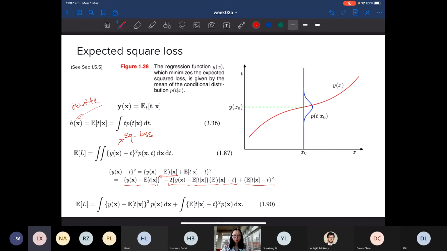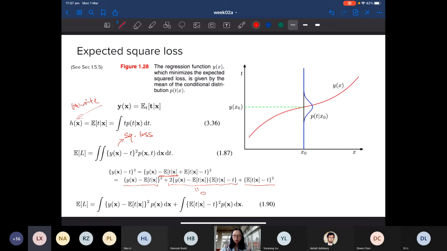So this middle term vanishes, as we know that y of x is essentially the expectation of t given x. So then the expectation of the loss function becomes the sum of the two square terms.